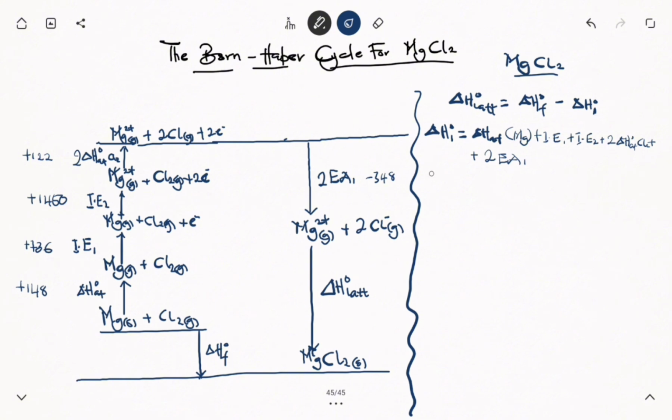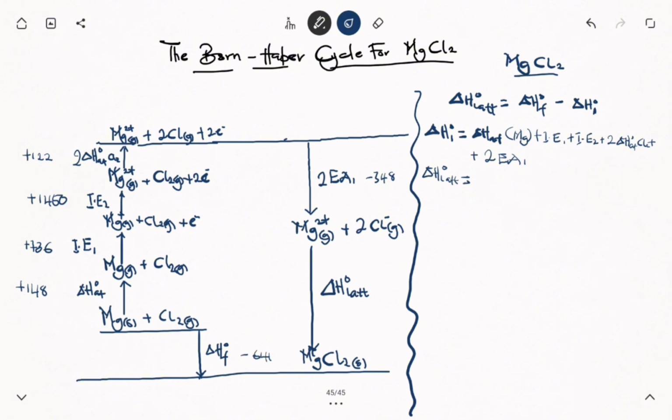All right, so let's work out the delta H1, and then we'll put all of this together. And so lattice energy is going to be the enthalpy of formation. Now, one more data that I haven't given you is the enthalpy of formation. Now, the enthalpy of formation is minus 641.